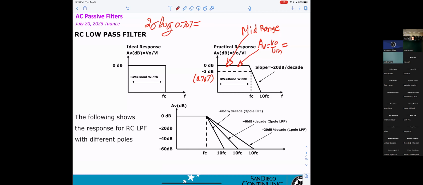What do you get? You take the log of 0.707, take 20 log 0.707, and you get minus 3 dB.